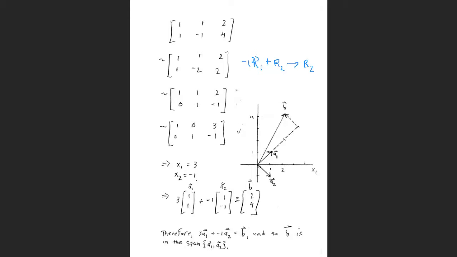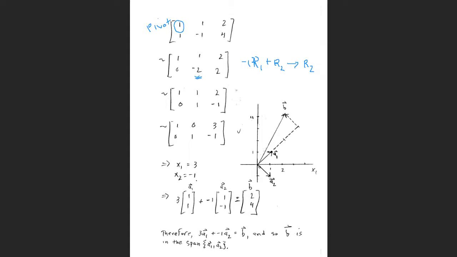And of course, we use the 1 as a pivot. Now, we have a -2 here as the leading entry.